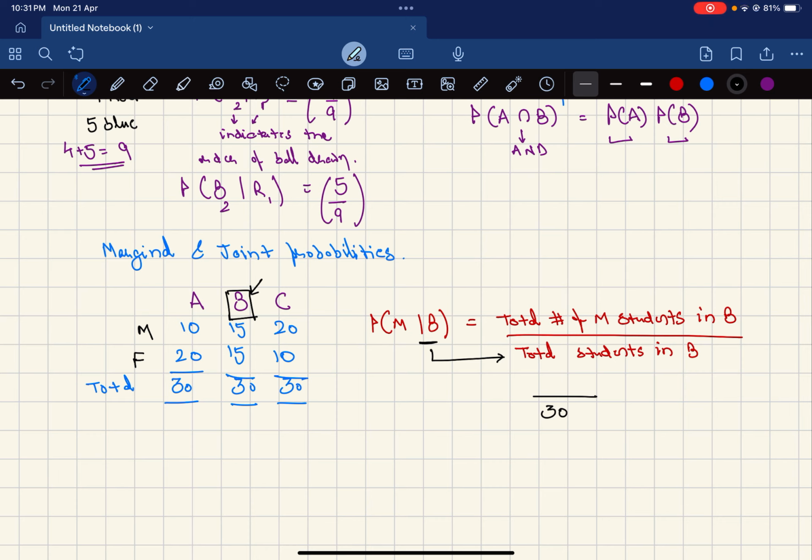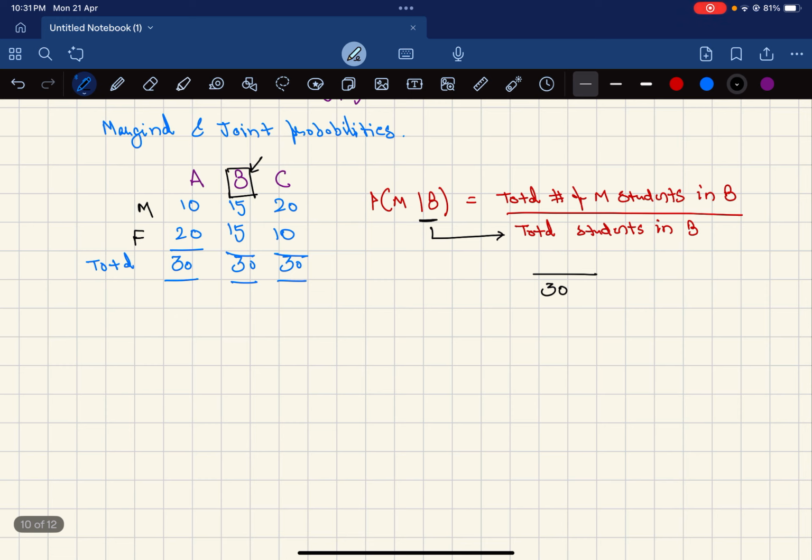Now the numerator says, since we are trying to find the probability of getting a male student, we want both the conditions to be met here. What is the number of male students in class B? This will be equal to 15, and therefore we get our conditional probability here as 1 by 2. Now this is a conditional probability because we are given here that we are drawing from class B, which acts like a condition in itself, and therefore the denominator here only has the number of students in class B.